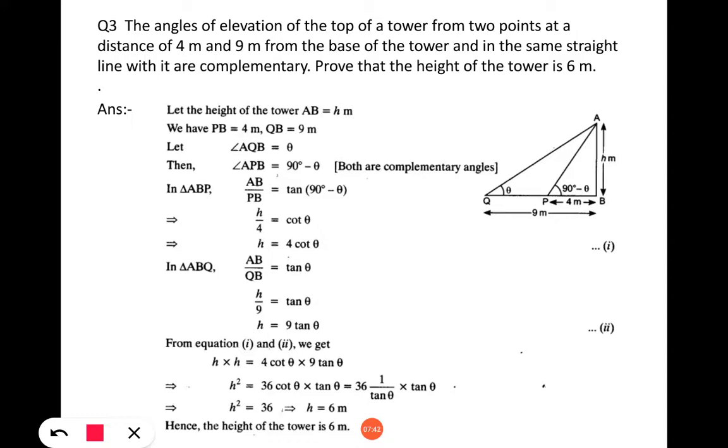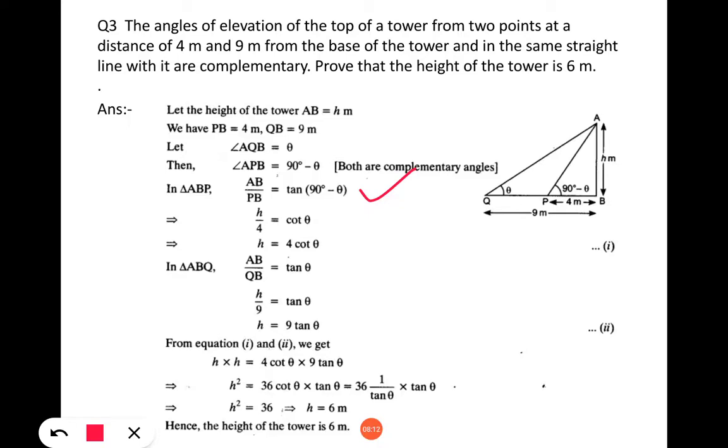Now let us take the first triangle ABP, right angle triangle ABP. In this triangle we have AB upon PB, which is equal to tan of the given angle, because AB is the side opposite to the given angle and PB is the side adjacent to the given angle.